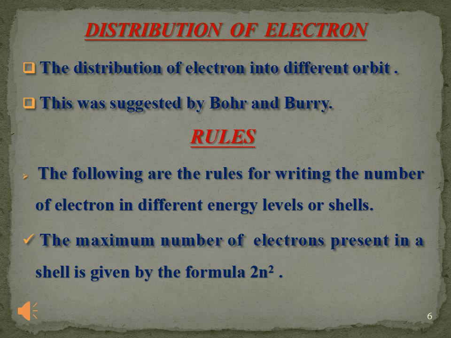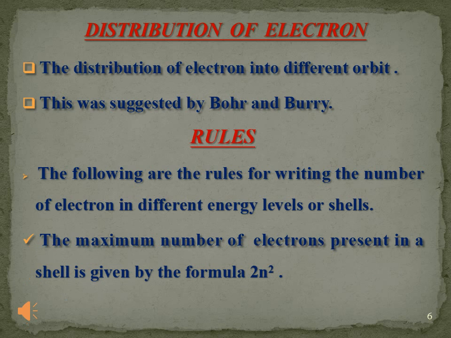So now we'll see how the distribution of this electron takes place in different orbits. And for that, there are some rules according to which the distribution can take place in different orbits.